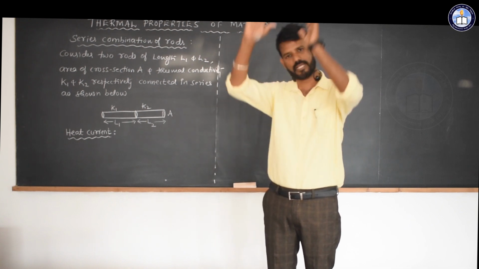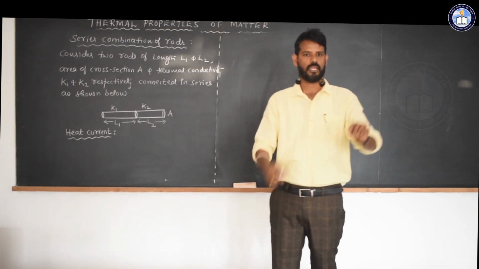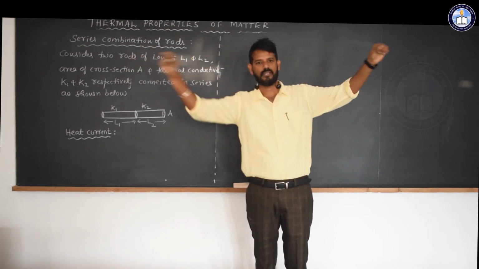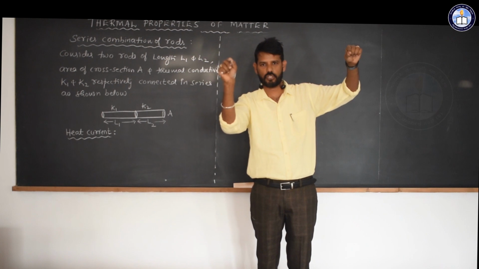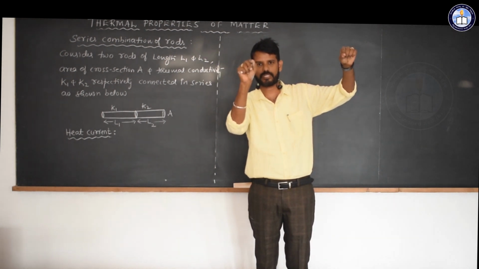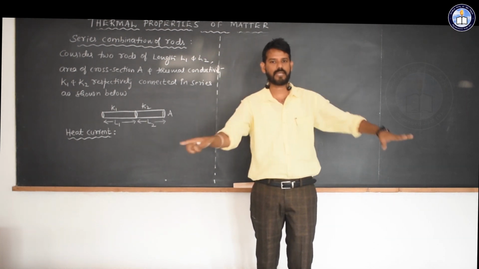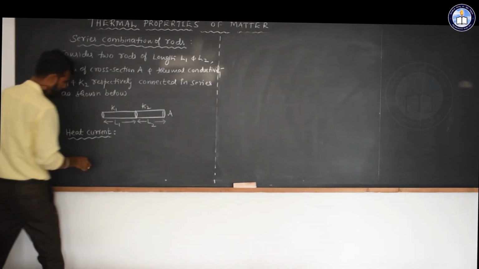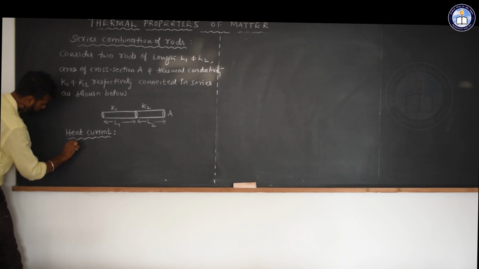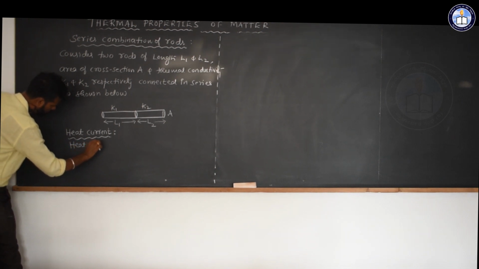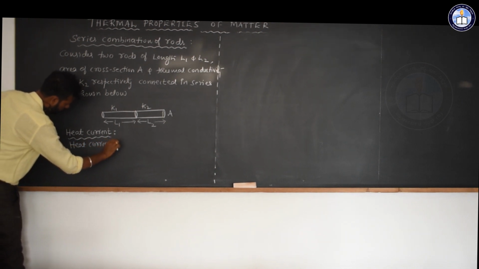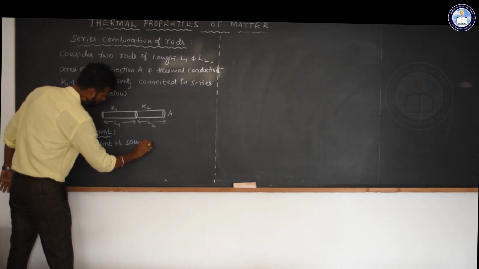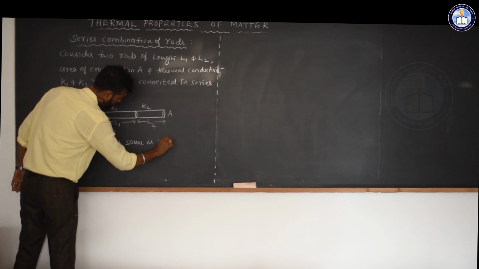It is the same in case of electrical current also, where if you connect two or more resistors in series, at every point on the circuit, if you calculate the current, we get the same current. So here also heat current is the same in series combination.